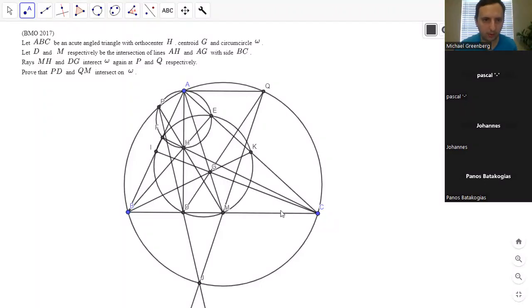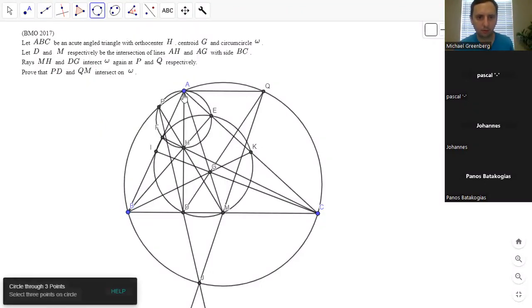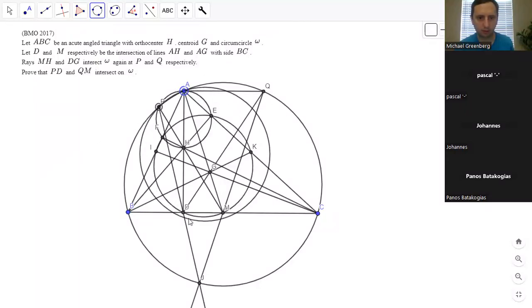I think he said it was PAM. So, yes, PAM, because this is cyclic. So I guess that's cyclic by Reim's theorem. I think it looks like it.